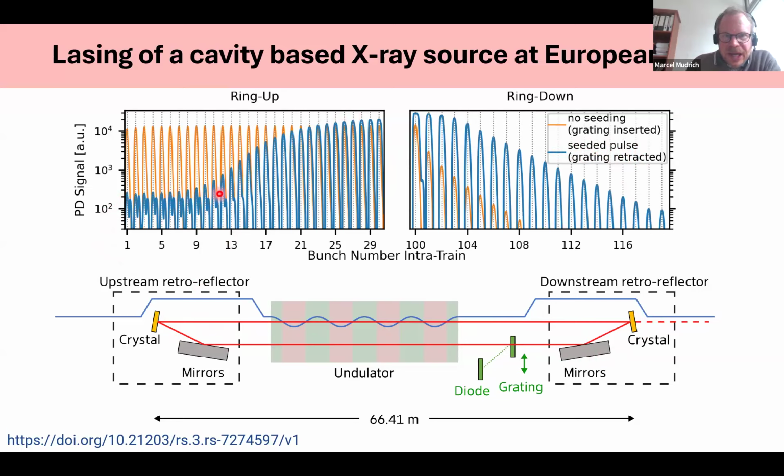This is also called the ring up process, by sending the X-ray pulses around in the resonator and being amplified on every round trip by being superimposed with a fresh electron bunch, which is injected via these bending magnets here.